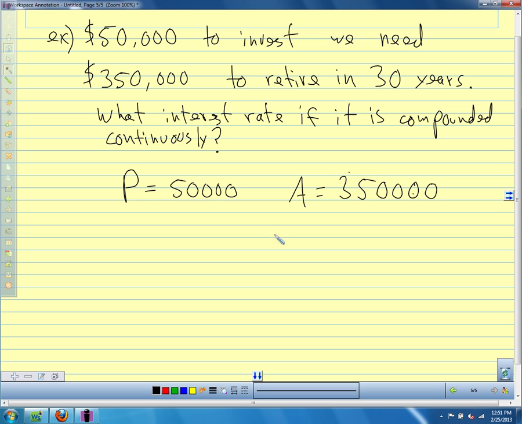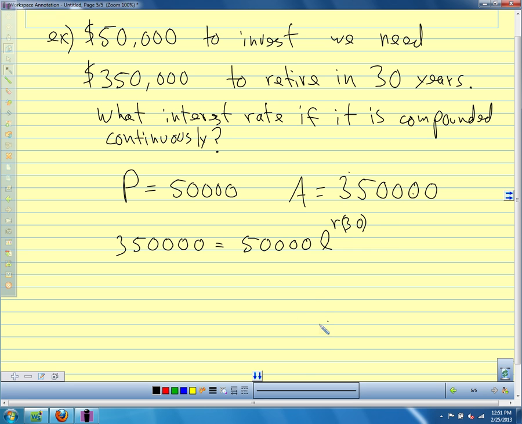So I'm just going to plug these into my continuously compounded interest formula. I'm going to say 350,000 equals 50,000 times e to the r, and our time is 30.